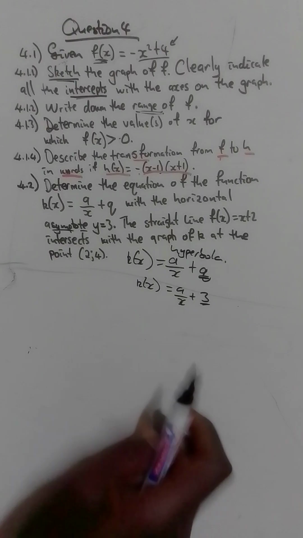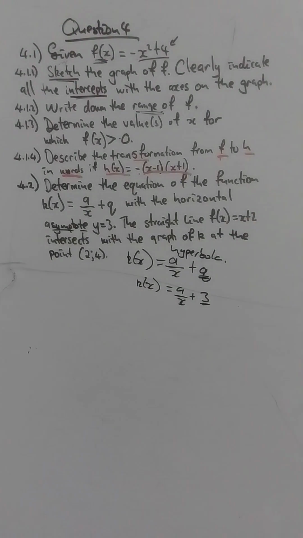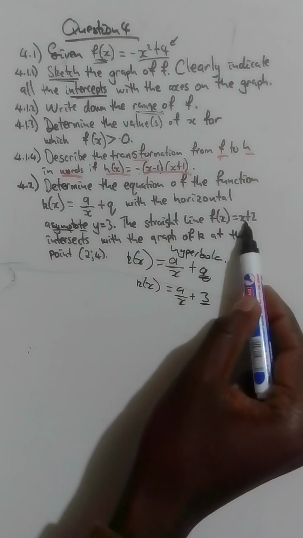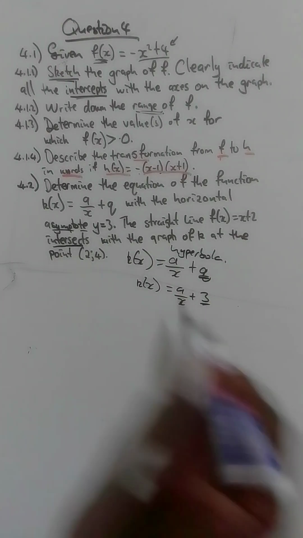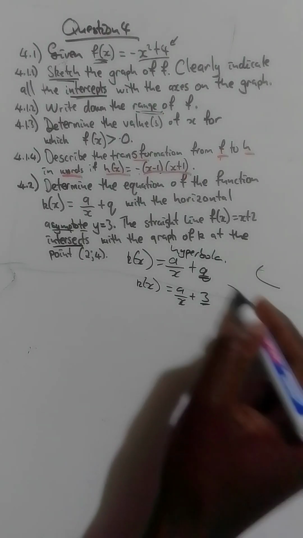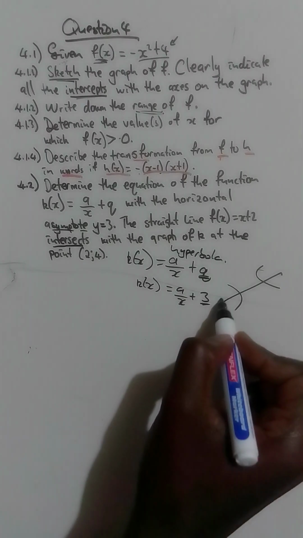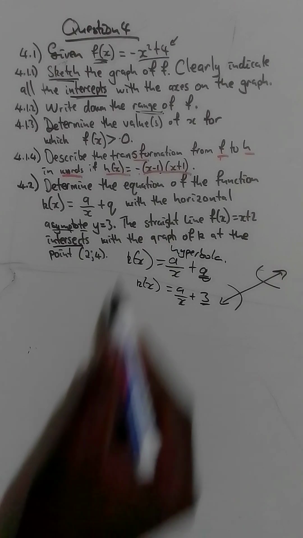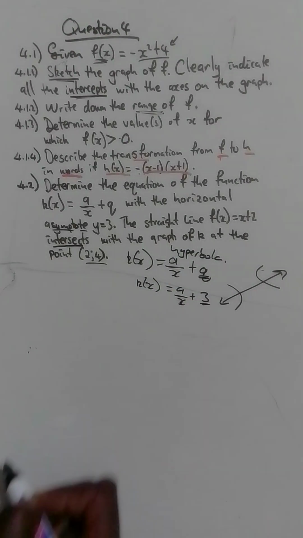So we're being told that where this hyperbola is, there is also a straight line on the same set of axes. The straight line, f of x is equal to x plus 2, intersects the graph of k at the point 2, 4, meaning the two different graphs meet at a point.